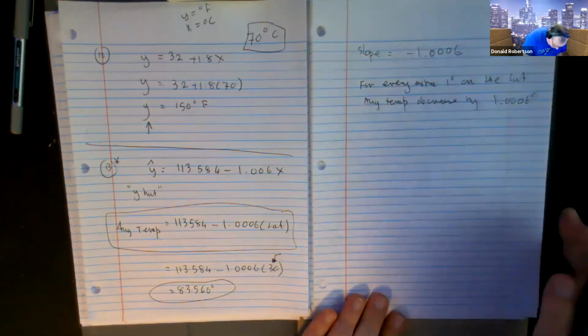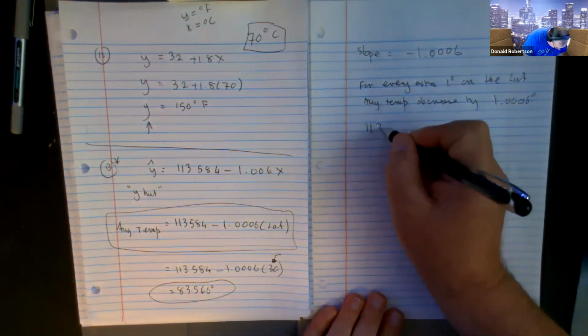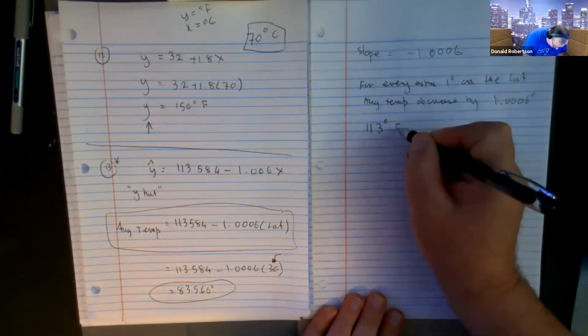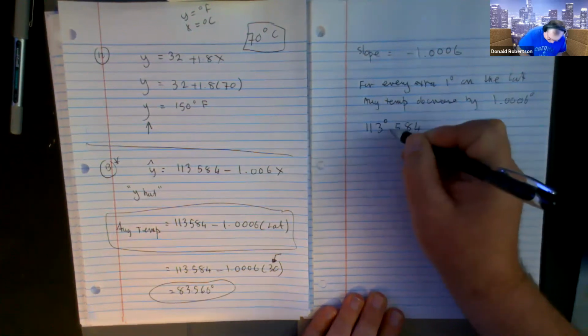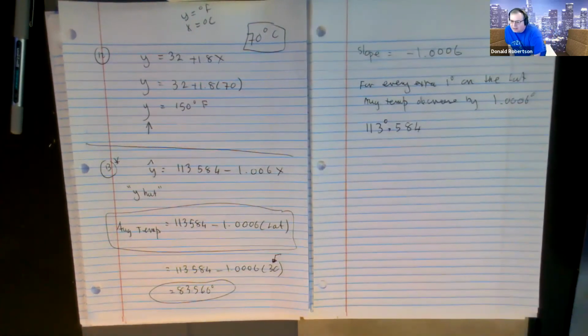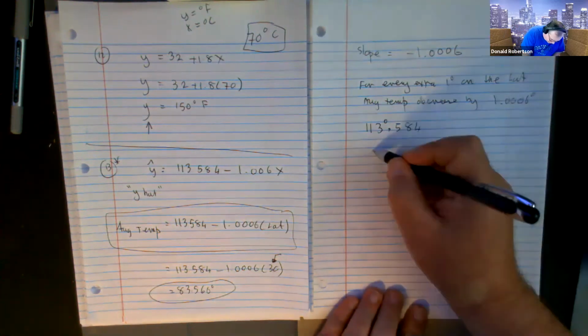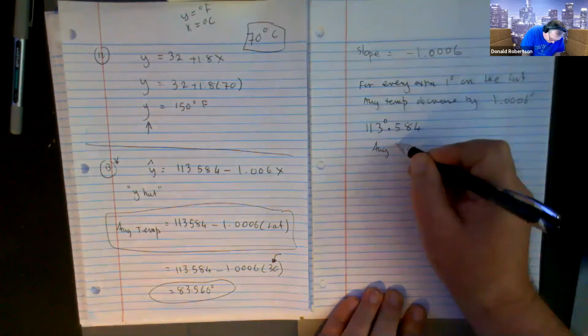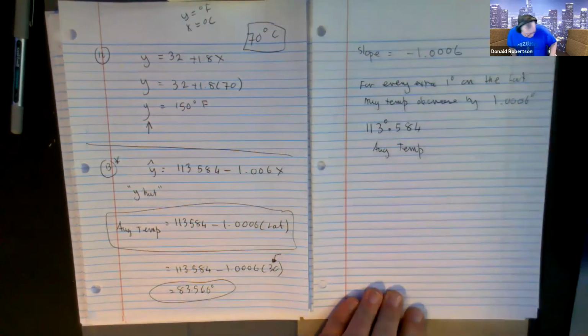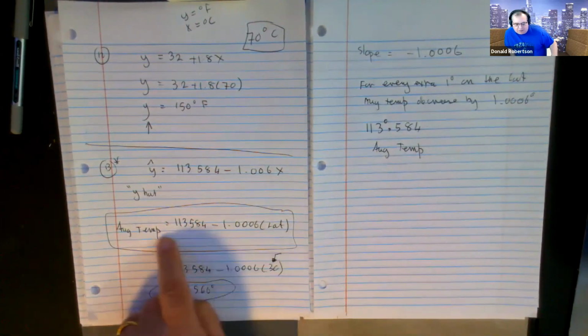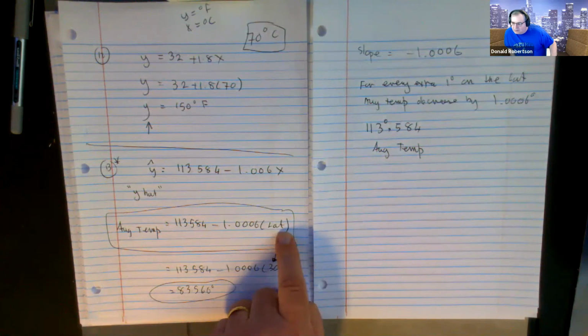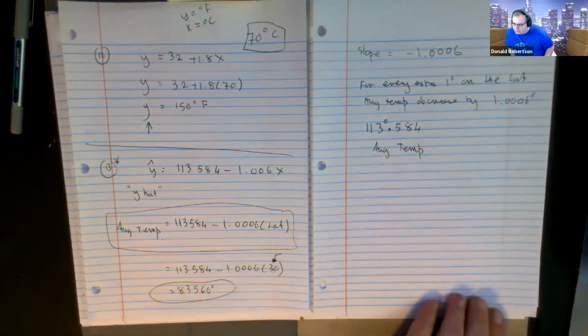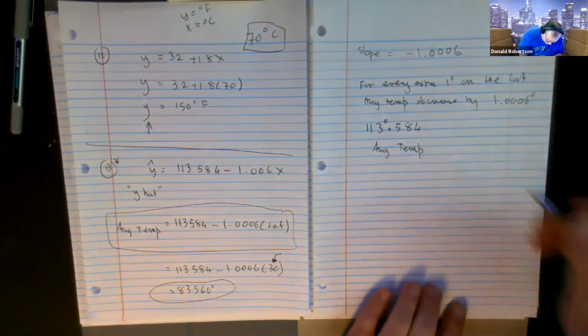And they also have a y-intercept. Okay, let's interpret the y-intercept. What does that tell us? Well, it tells us the August temperature. Where? What latitude? It's on the equator, yes.